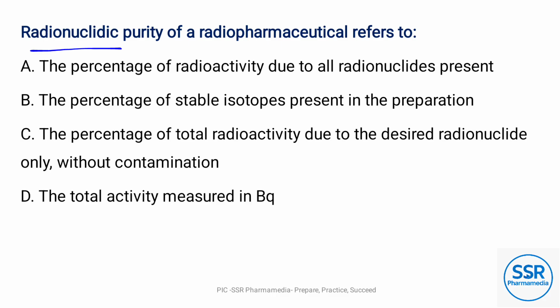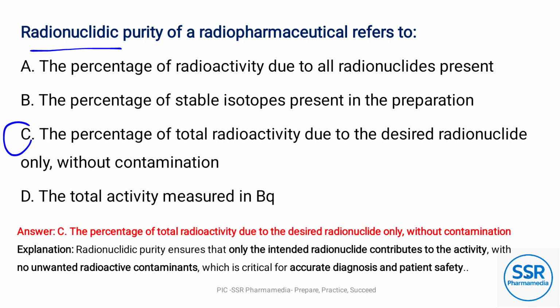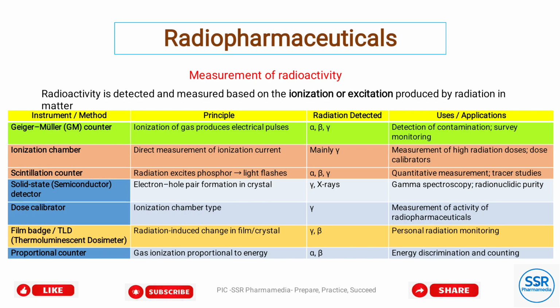Radionuclidic purity of radiopharmaceuticals refers to option C, the percentage of total radioactivity due to the desired radionuclide only, without contamination.